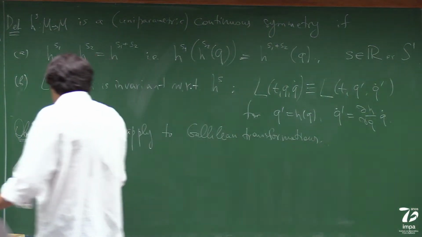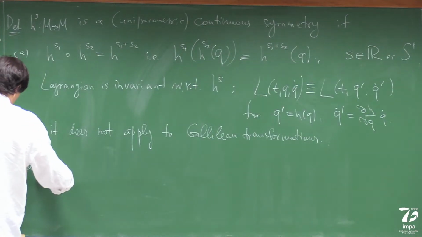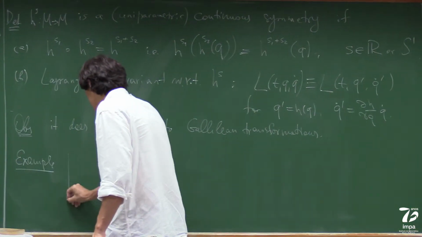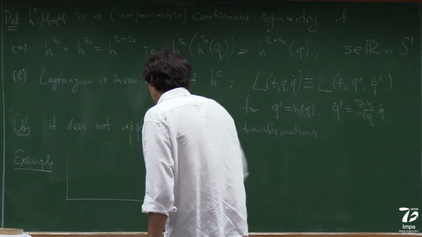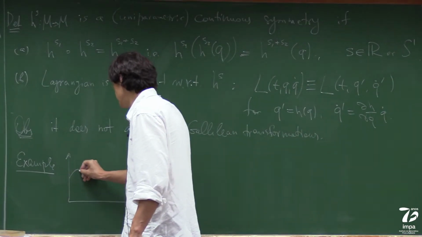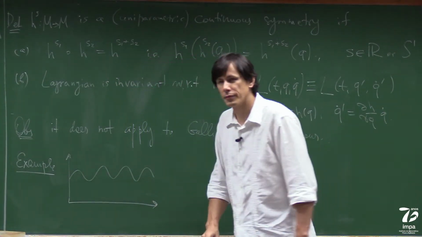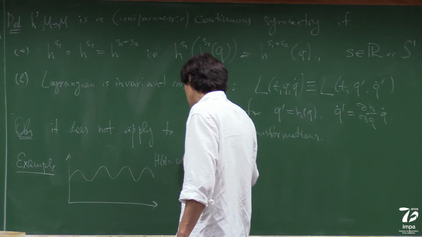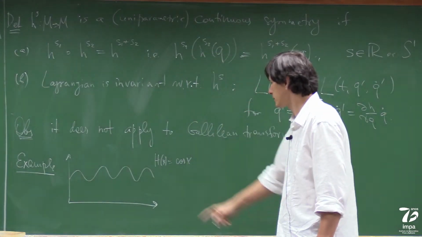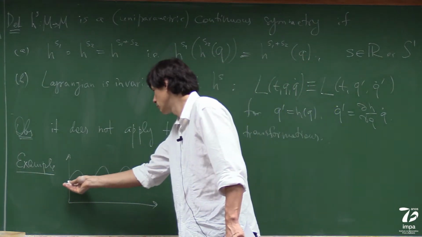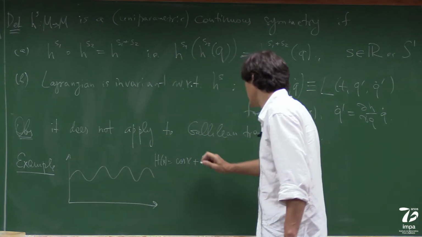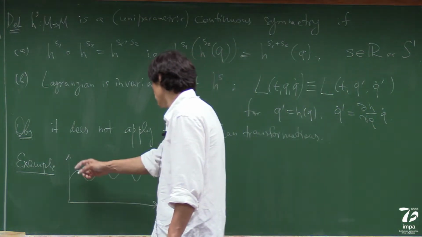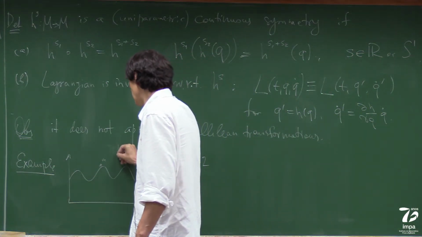So what are examples of this? The first example, which will be negative, is the example that we had in the exercise. Consider a periodic landscape, for example cosine x, with a mass moving on it under gravity.